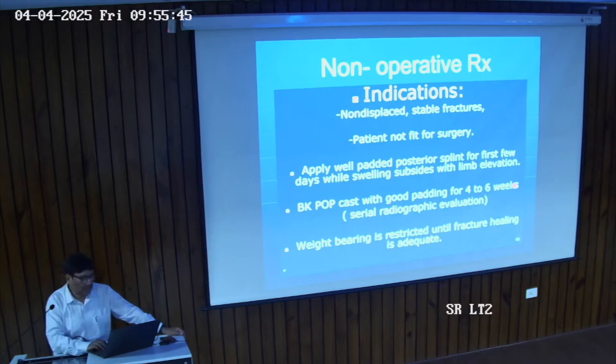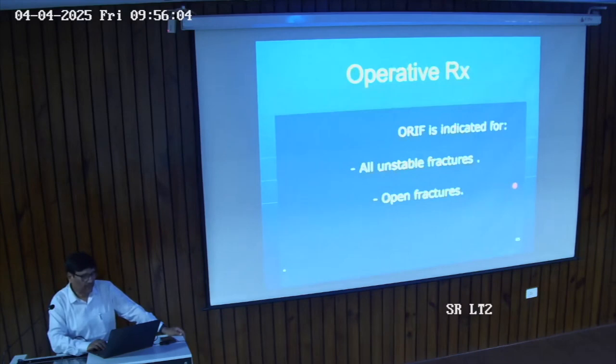When there is good healing, we can make the ankle move. We remove it from the plaster, and weight bearing is restricted until fracture healing is adequate. Usually this takes from 6 to 12 weeks, maybe up to 3 months. So before 3 months, we may not advise the patient to weight bear.